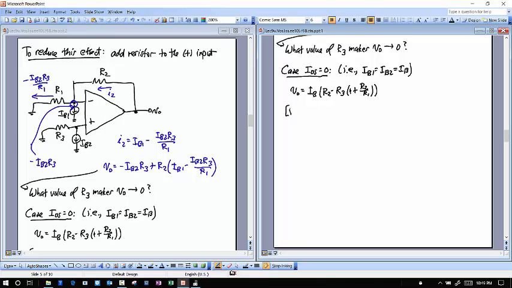Okay, and so if I'm looking for a set of resistors that will give me an output voltage V0 equal to 0, set that equal to 0, the IB disappears, and I can now write that R2 is equal to R3 times (1 plus R2 over R1).